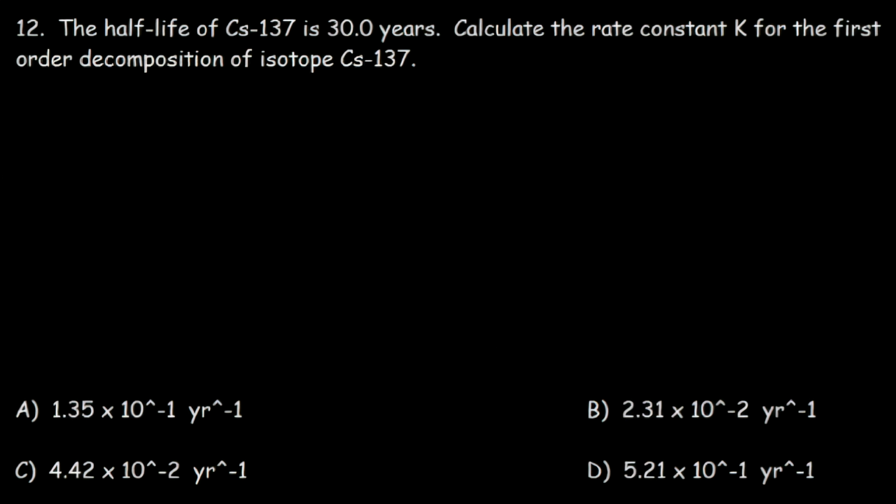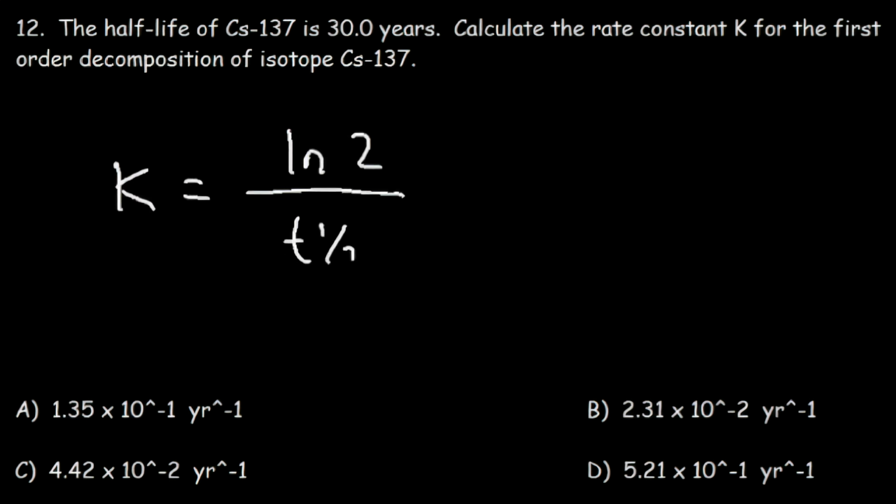Number 12. The half-life of cesium-137 is 30 years. Calculate the rate constant k for the first order decomposition of isotope Cs-137. So the equation that connects half-life with the rate constant k is this: k is equal to the natural log of 2 divided by the half-life, if it's a first order reaction.